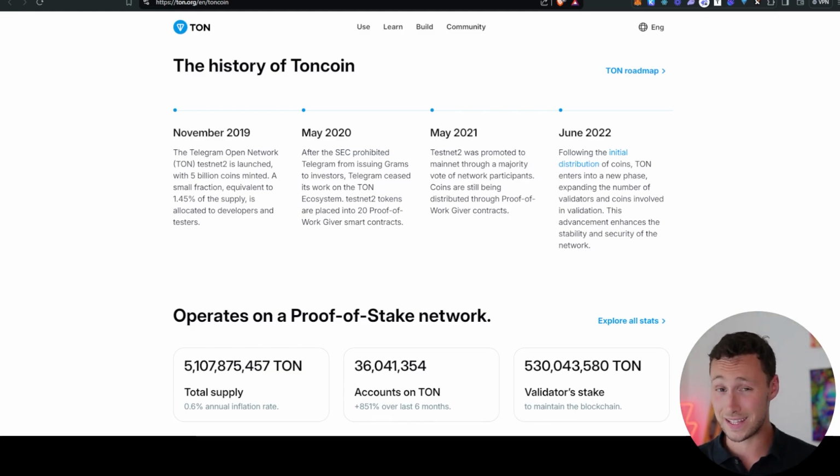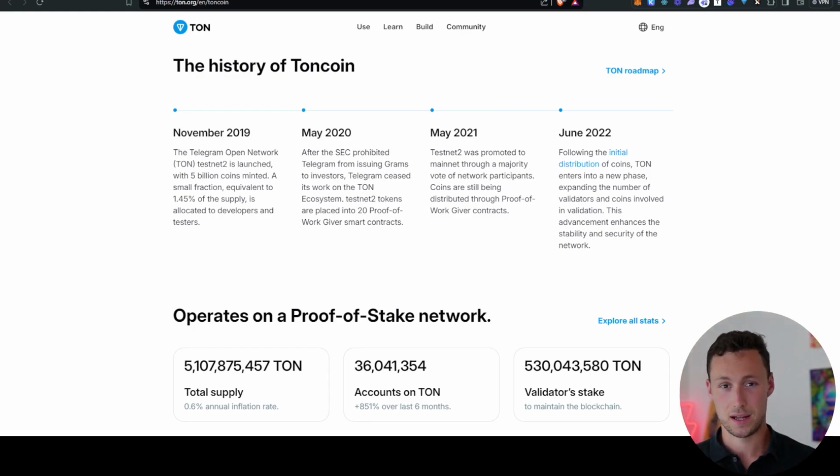However, that was not the end of the story for TON, because a group of developers from the community picked up the project. It was rebranded from the Telegram Open Network to just the Open Network, keeping the TON acronym. And eventually they were able to bring it to mainnet in 2021. And it's been active since then, and it's developed a vibrant app ecosystem.